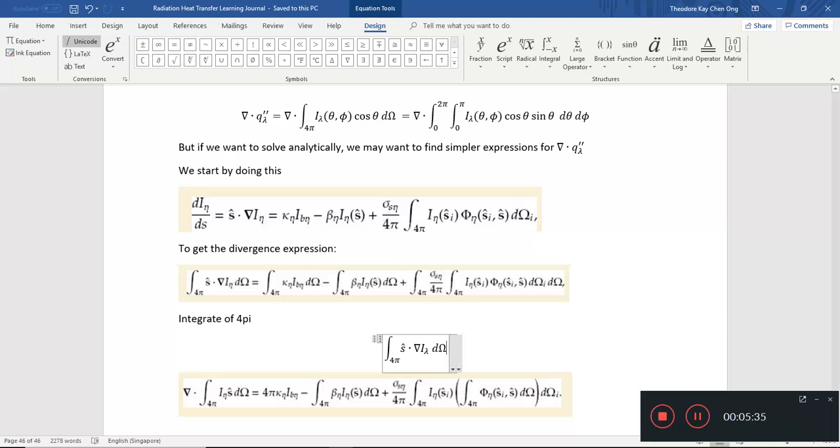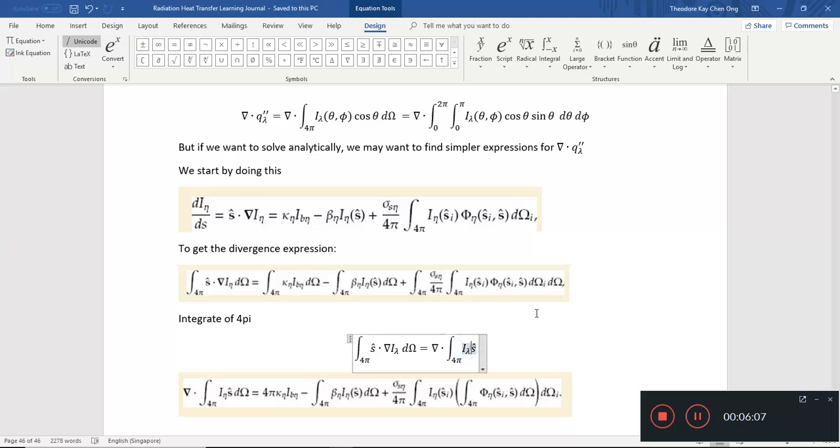And what is being done after that is to take the nabla outside. So nabla bullet the integral over 4 pi of I lambda s hat d omega. So basically I'm taking the integral as well as the s hat into the divergence operator.